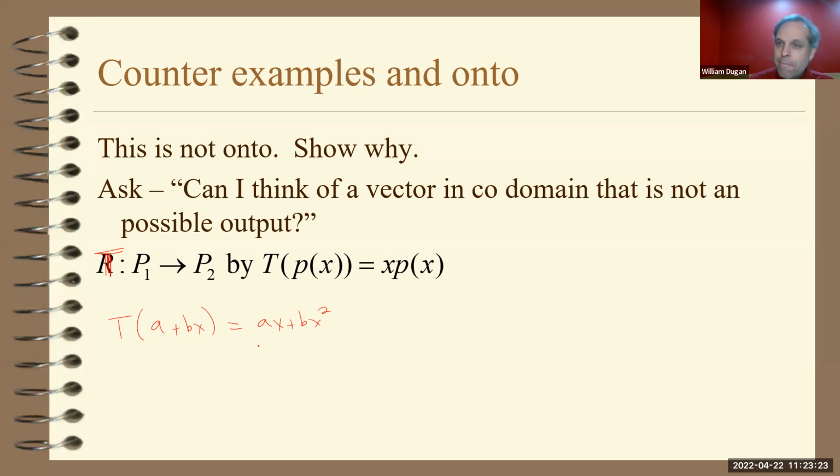Yes, constants. There's no way to get a constant out of that, because the result is always x times the thing. So there is no vector such that T of it equals 1, for example. Hence, T is not onto, because there's something that's not in the range.